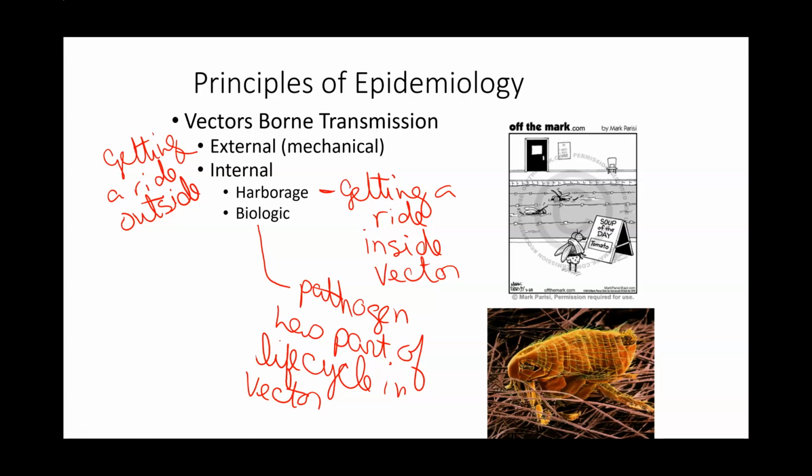And so here we see a flea. Fleas use harborage to transmit disease. So when we think of this, we're looking at bacteria. Bacteria will build up in the flea's gullet.